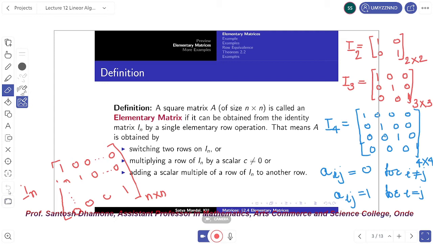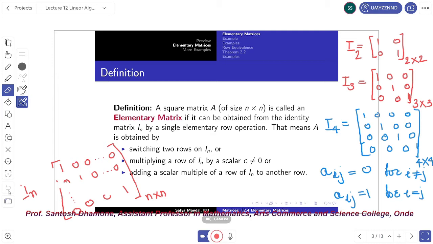Then we obtain an elementary matrix A. This is an elementary matrix obtained from I3.